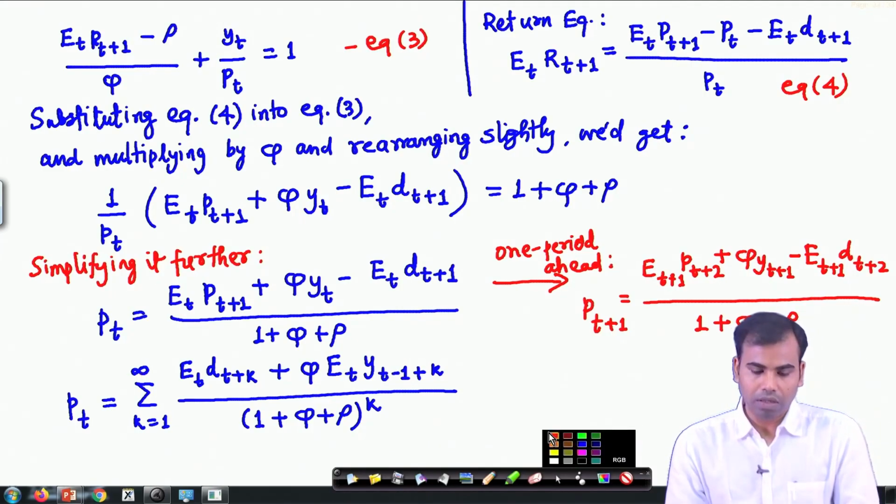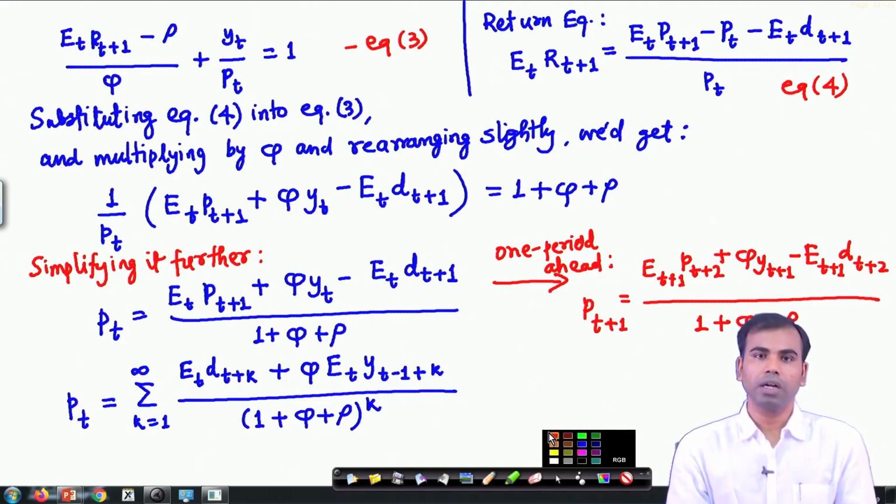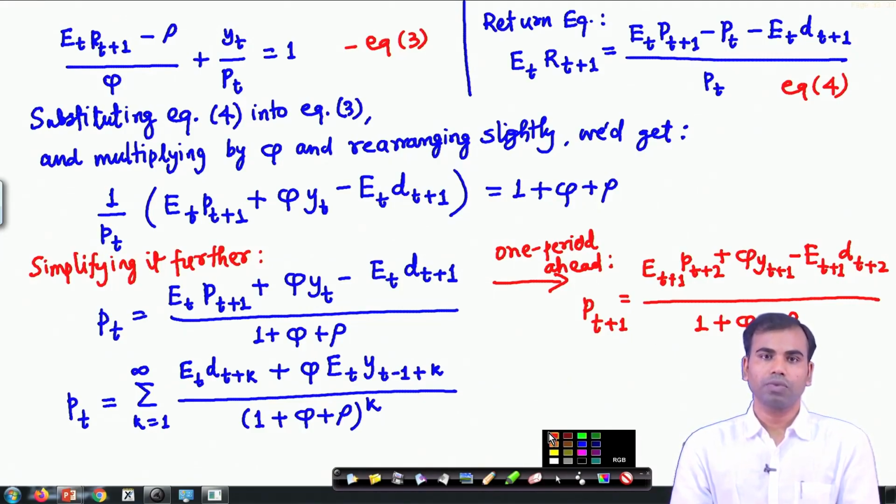So, if we substitute this repeatedly in this recursive substitution framework, we will get this particular function.